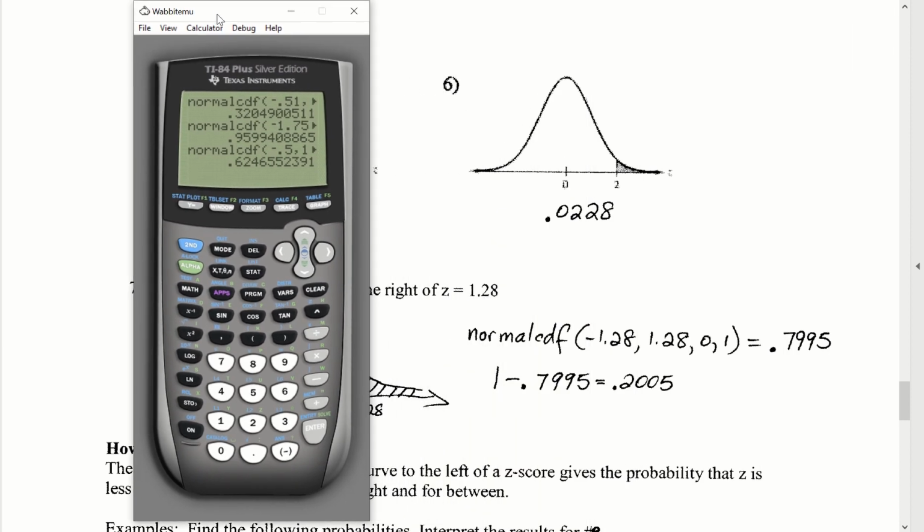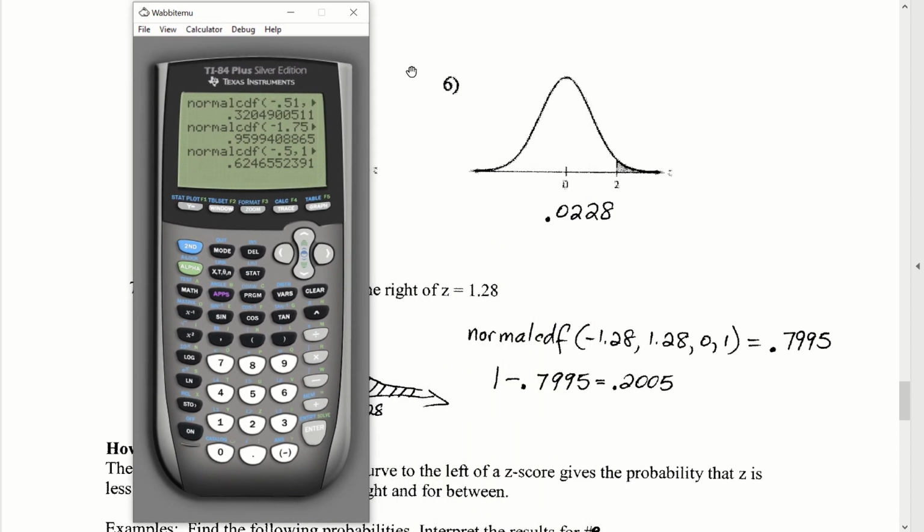Let's take a look at example 6. Here the region that's shaded is going to be the area to the right of a z-value of 2. To find that area, we go second, vars, to get the distribution menu, normal CDF. The left bound, the shaded region, goes as far to the left as 2.